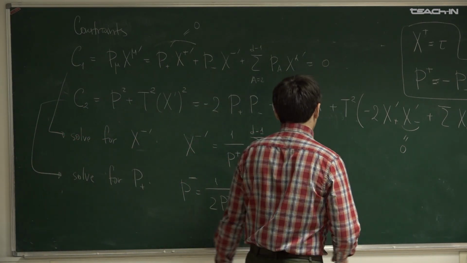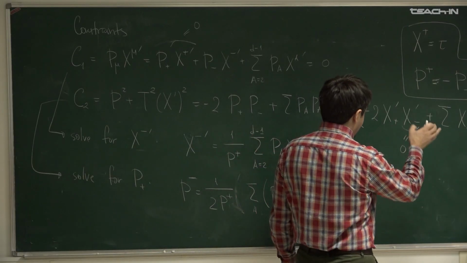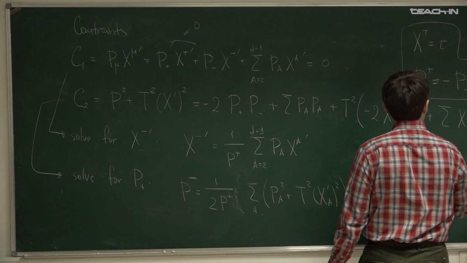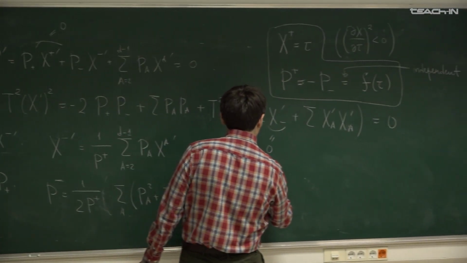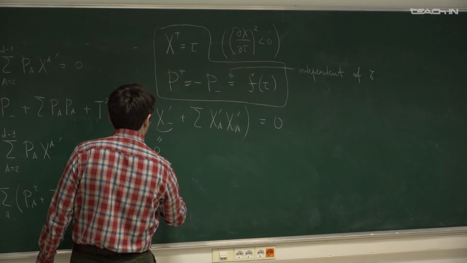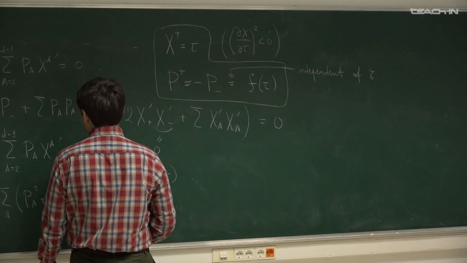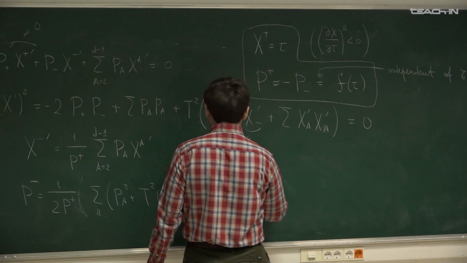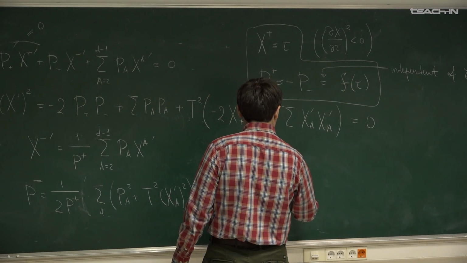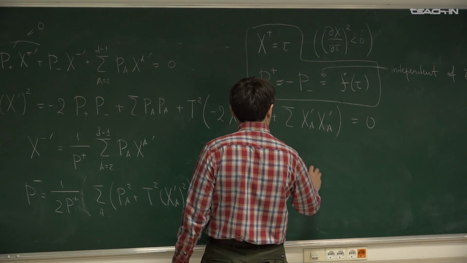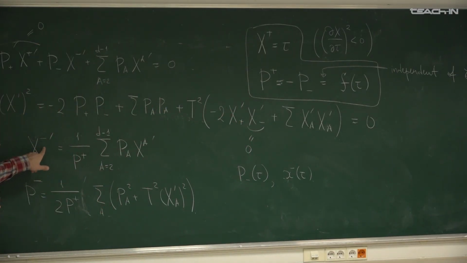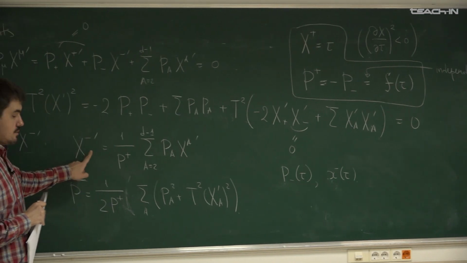Yes, and by the way, to be completely clear, what remains is this p minus of tau, right? So there's p minus of tau. And accordingly, there is still a small x minus of tau, which is the only piece that cannot be solved from this constraint, right?